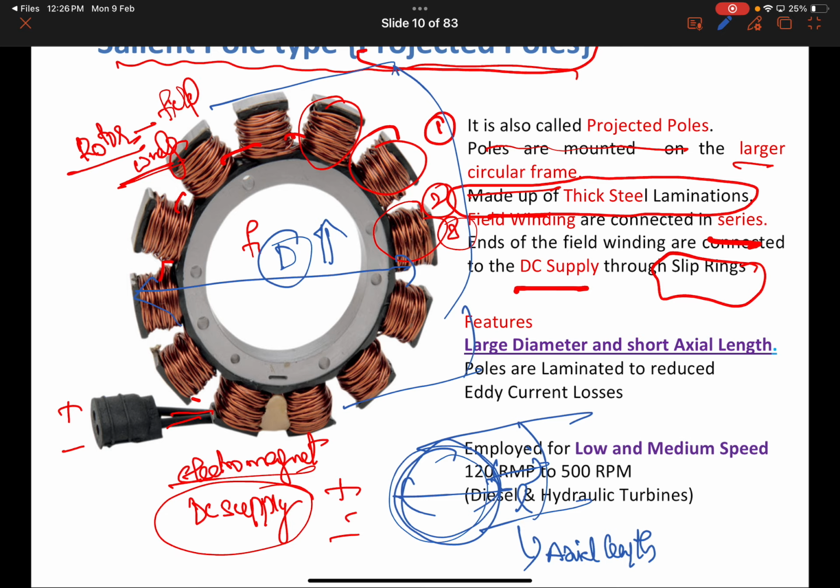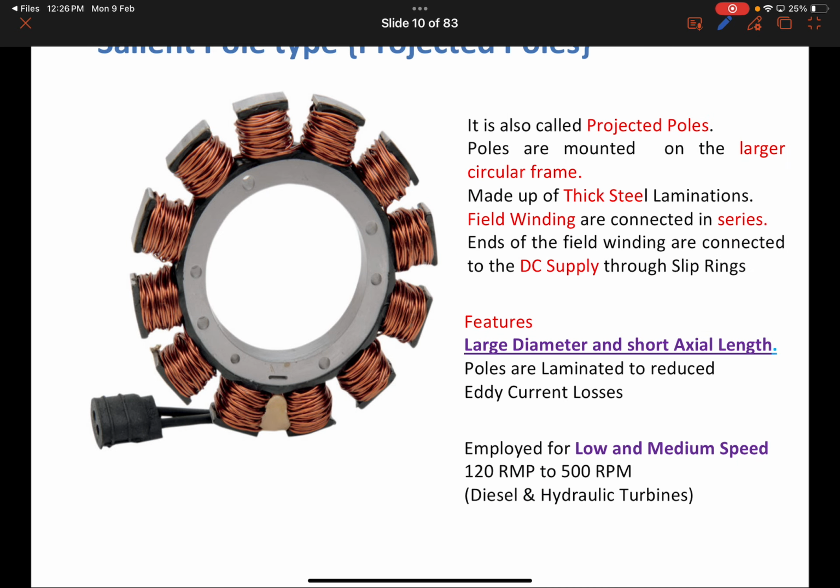Next, where can it be used? It can be used for lower speed applications. This is very important. Why is it suitable for lower speeds? We already see this.